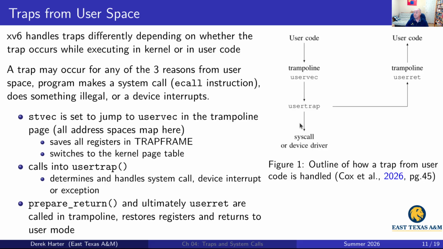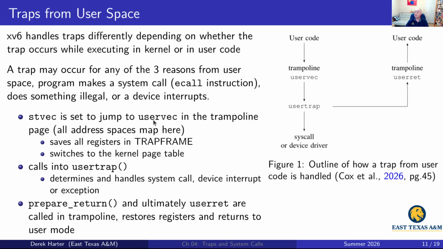So the program counter is set to whatever is in stvec at the end of the hardware mechanisms, which causes the processor to start executing code specified by the operating system.